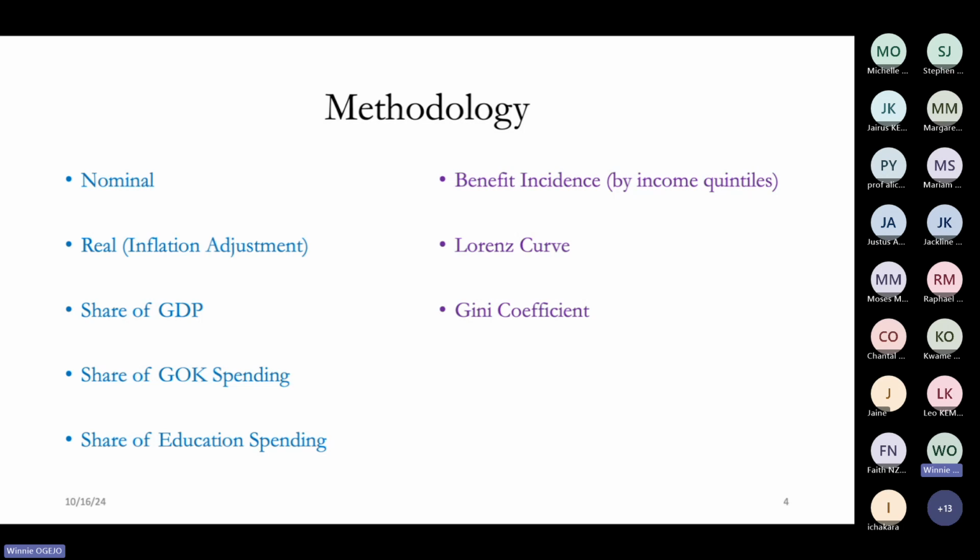And then when we're speaking to the Lorenz curve, we use the Lorenz curve just so that we are able to have a representation of income inequality, because the Lorenz curve allows us to have a theoretical representation of income inequality. And then we also had the Gini coefficient, which allowed us to measure the inequality amongst a population.